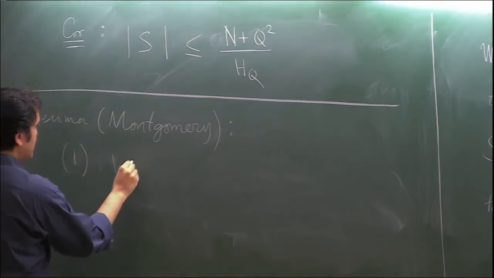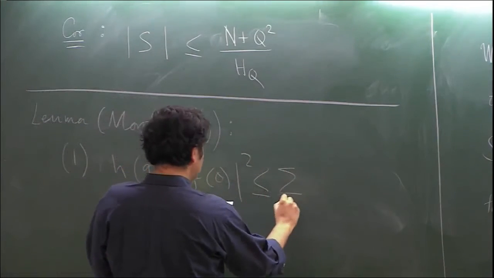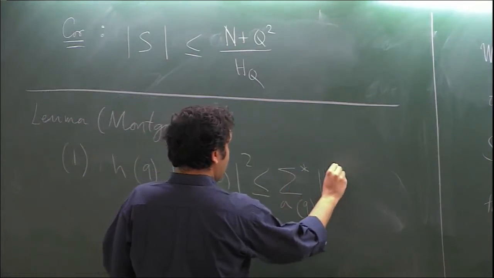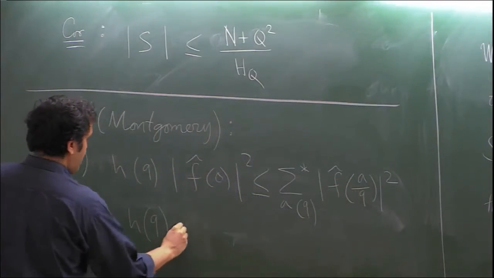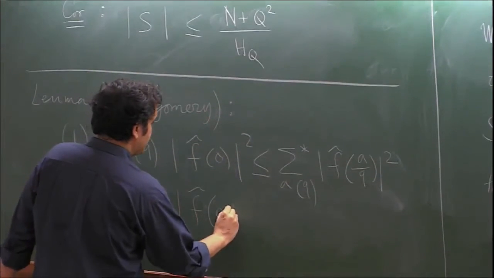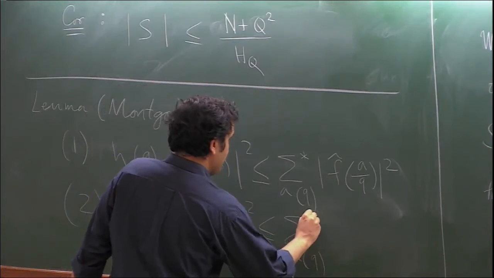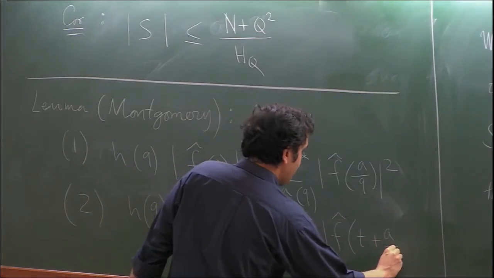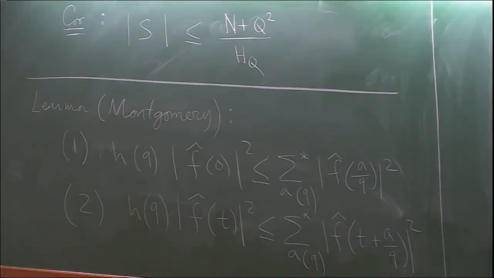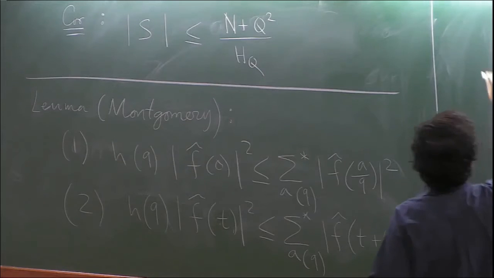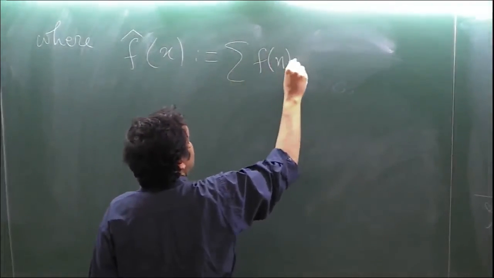One, HQ times f hat at 0 squared is less than or equal to the sum over a mod q star of f hat at a by q squared, and two, HQ at 0 plus t times f hat at t plus a by q squared, where f hat is exactly as Surya defined, but I normalize it differently, so there will be a plus sign, E of nx.